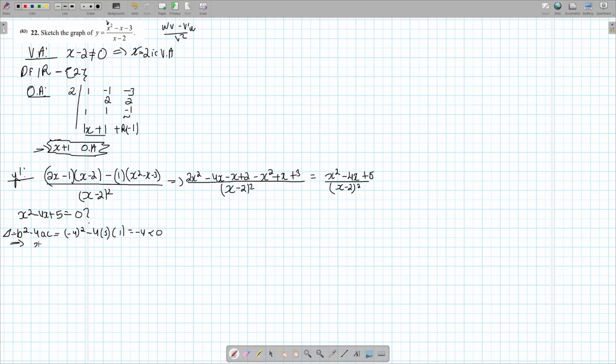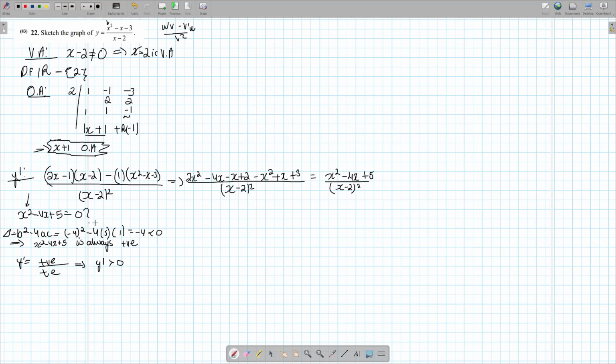That means x squared minus 4x plus 5, what's the sign of x squared? It's positive. So the sign of the quadratic is always positive. That means the sign of y prime, if it's positive over squared, what does squared mean? Positive. So y prime is always greater than 0.